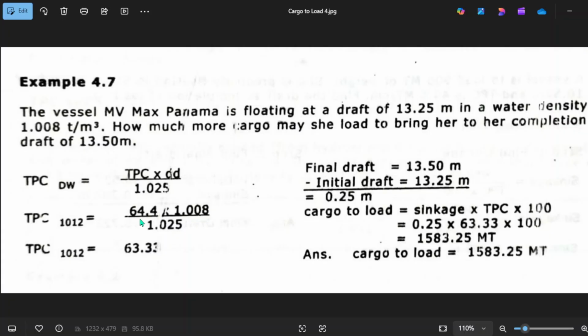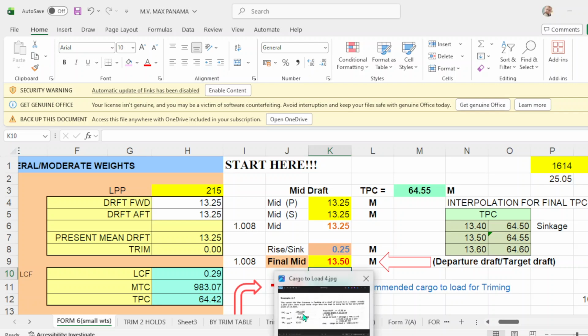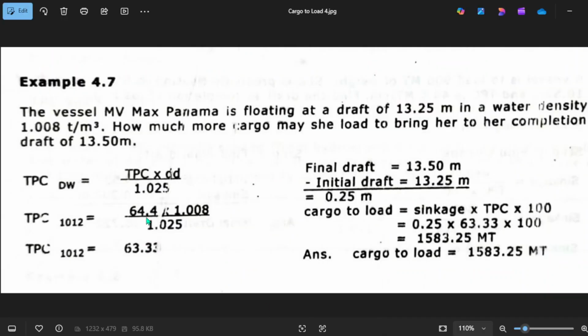Well, at the draft of 13.25, the TPC should be 64.42. This should be 64.42. So what he did was to interpolate the TPC to dock water, okay?